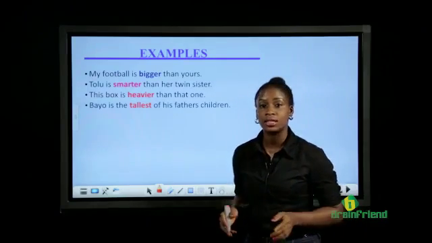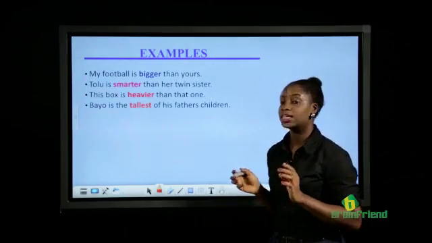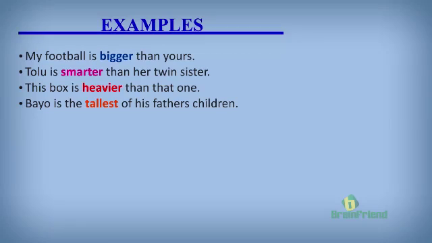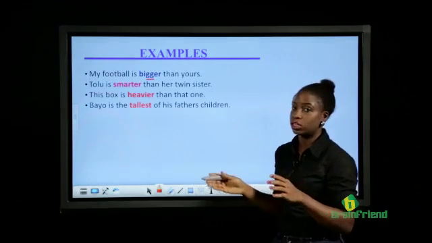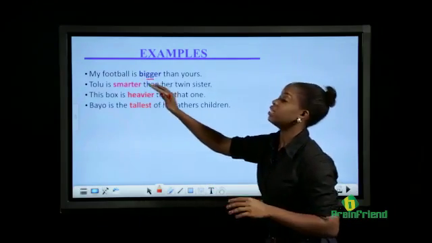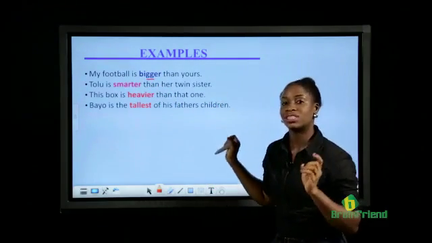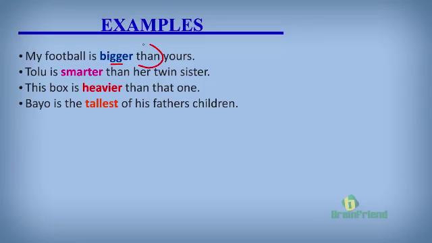Now let's look at these comparative forms of adjectives in sentences. My football is bigger than yours. Another very important thing. When comparing two things, you do not just say, my football is bigger, yours. No, we must add the word than. That's for the comparative form.